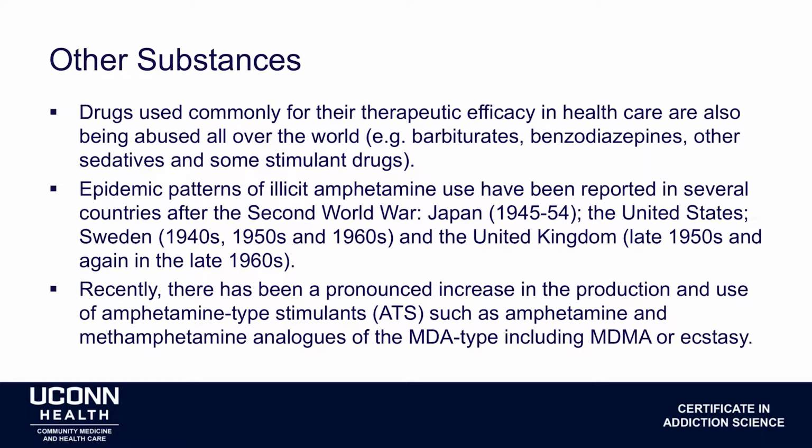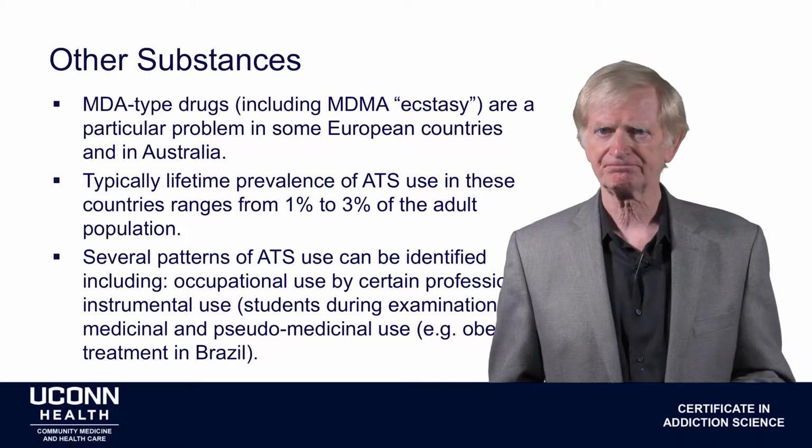And this is no less true of the epidemics that have been associated with the illicit production of a synthetic drug called methamphetamine, as well as MDMA and club drugs and opioid pain medications.